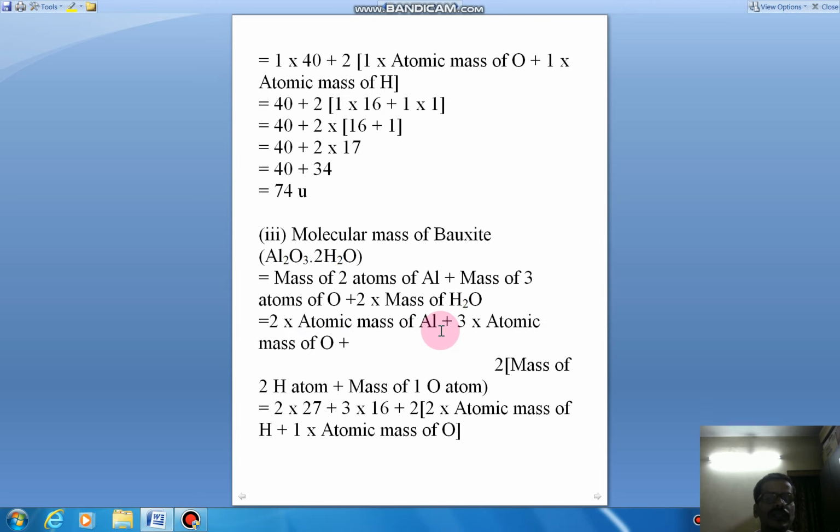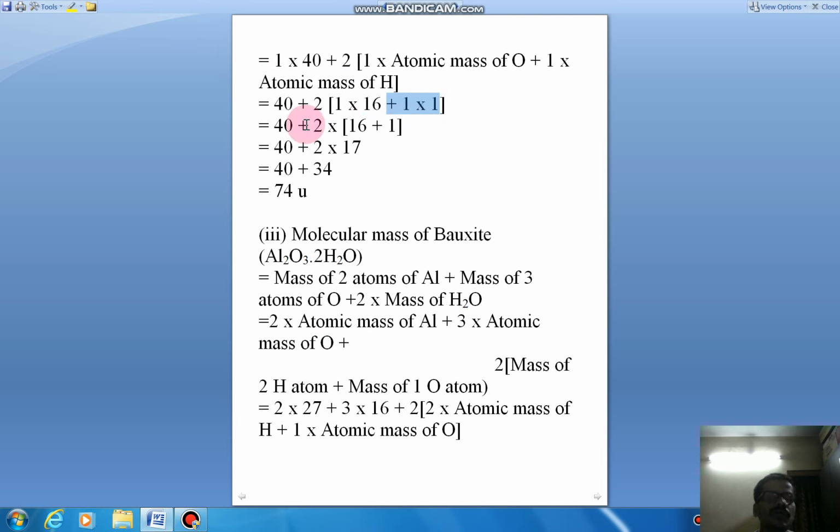So now let us see. 1 into 40, where 40 is the atomic mass of calcium, plus 2 into 1 into the atomic mass of oxygen, plus 1 into the atomic mass of hydrogen. So 1 into 40 is 40, plus 2 into 1 into the atomic mass of oxygen, which is 16, plus 1 into the atomic mass of hydrogen, which is 1.